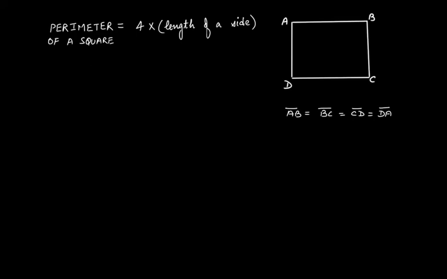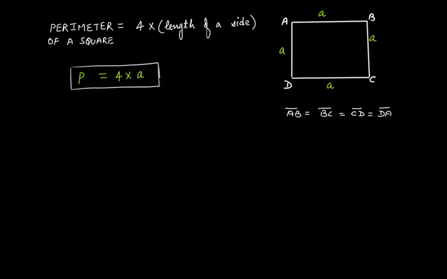Suppose the perimeter of a square is represented by small p, then perimeter P will be equal to 4 times the length of a side. If the length of one side is A, then all the sides will be A, right? Because it is a square. So P equals 4 times A. This will be a rule or formula for finding the perimeter of a square.